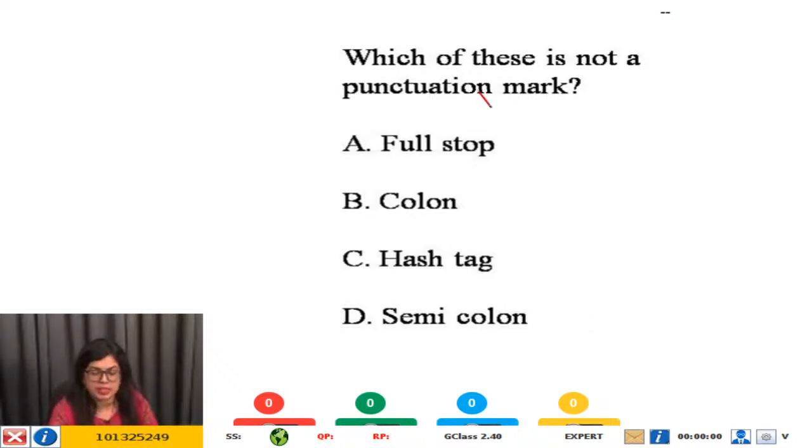Okay students, your time is up, and the correct answer is option B, that is hashtag.